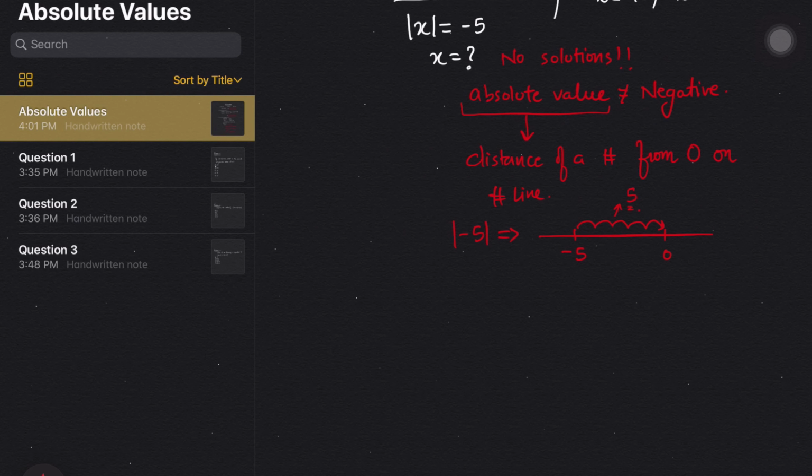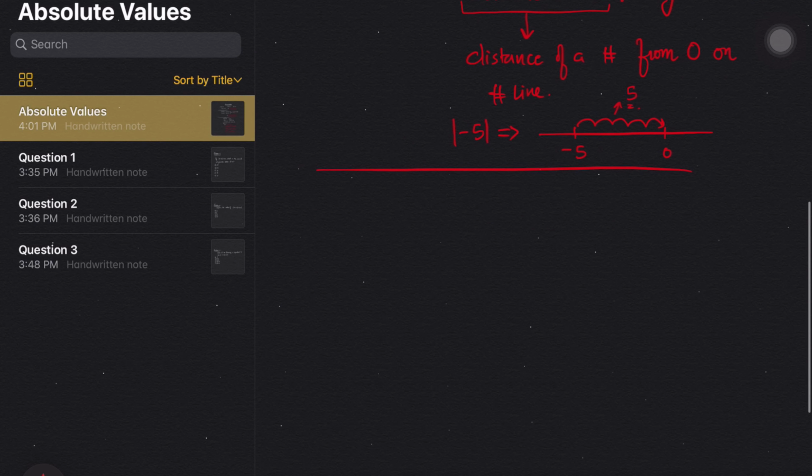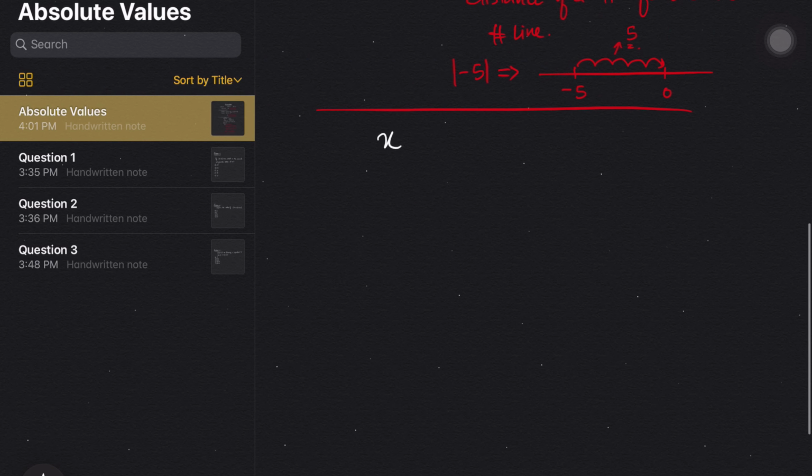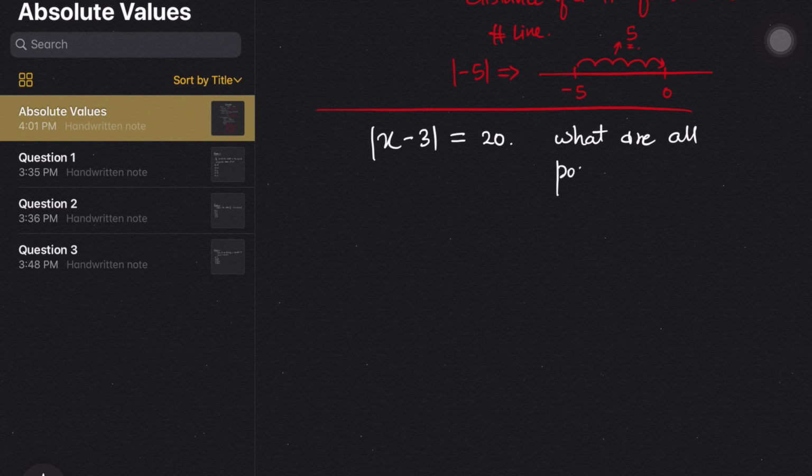Now anyway, the next kind of question that can be asked is: absolute value of x minus 3 results in 20. What are all possible values? So let us just see. I've seen students using different ways.